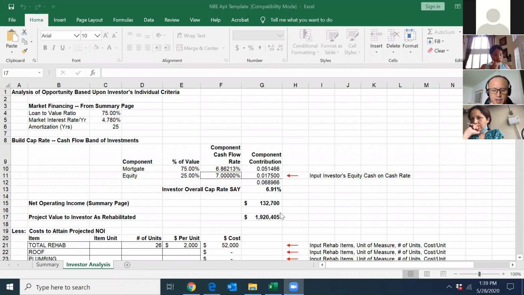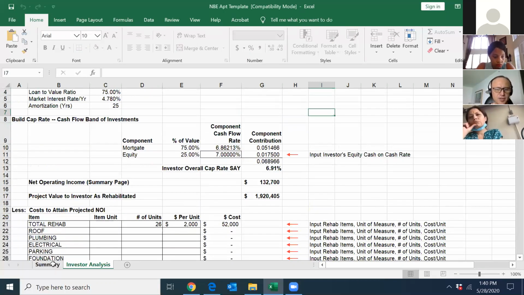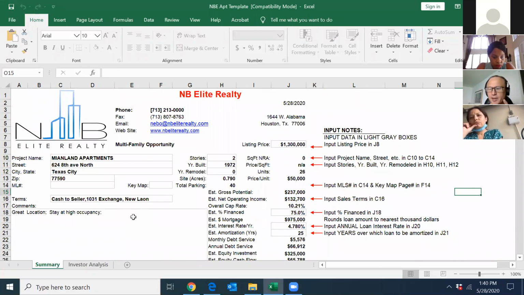Today we're going to talk about multifamily deals. We're going to analyze one more deal that I recently had in my pipeline. This was a deal I introduced to you during a webinar. I made an offer on it, but I did not end up buying it.